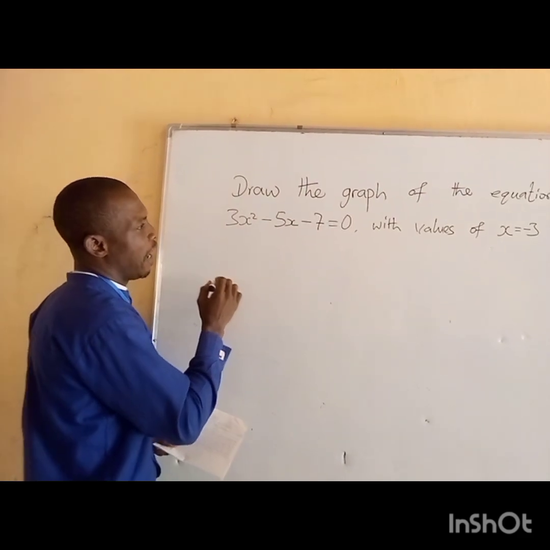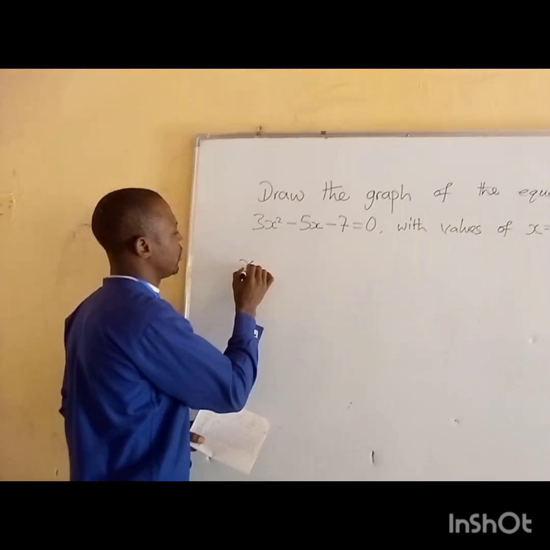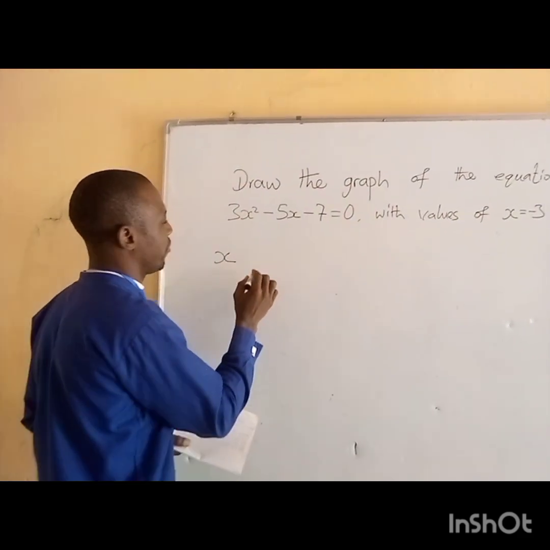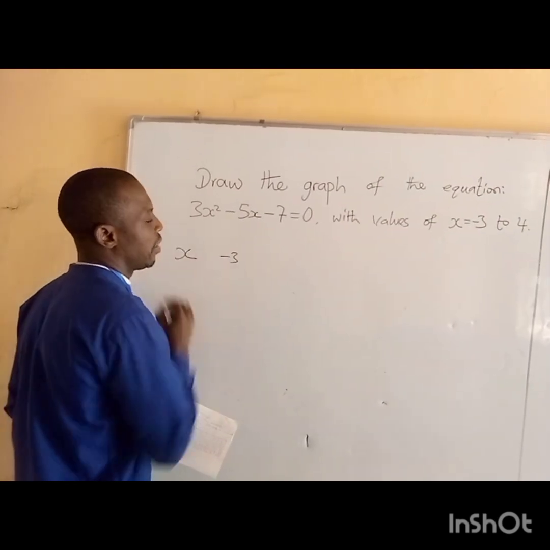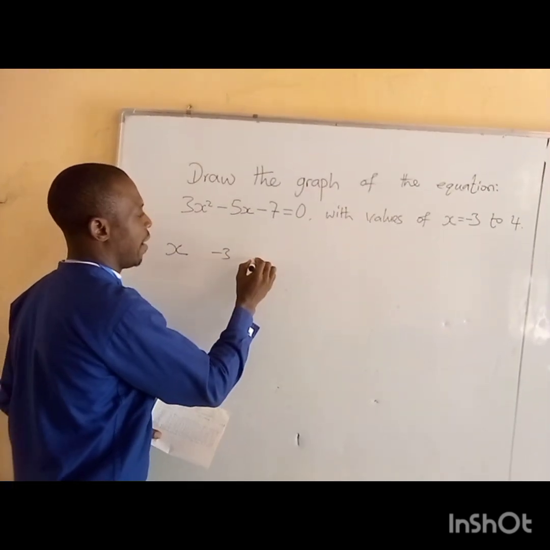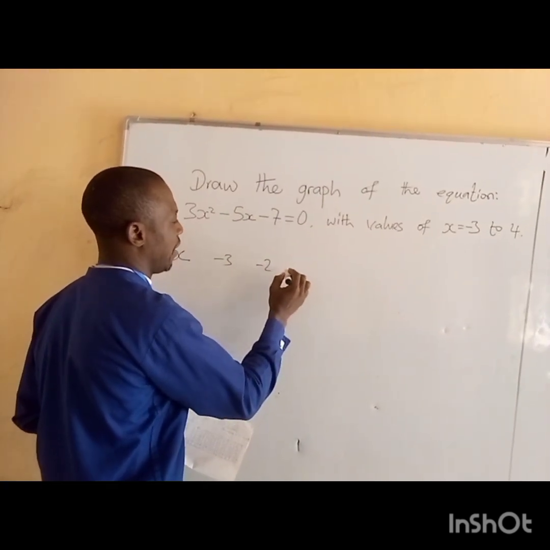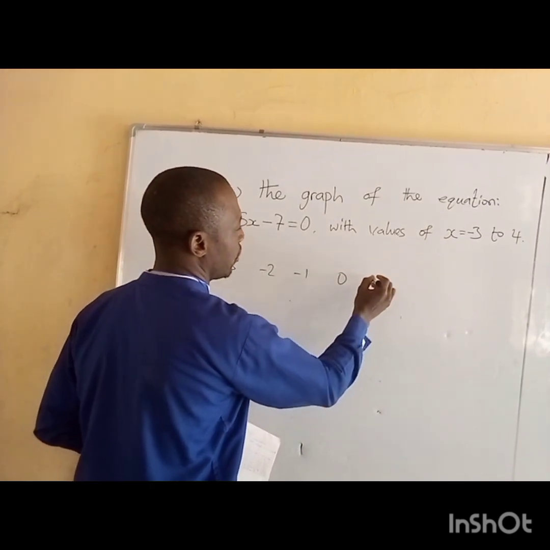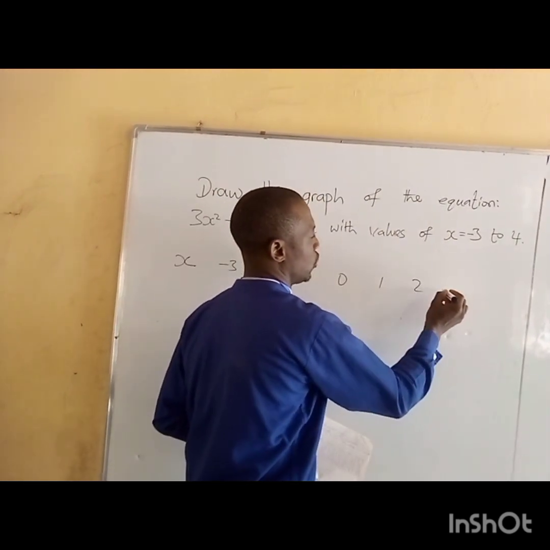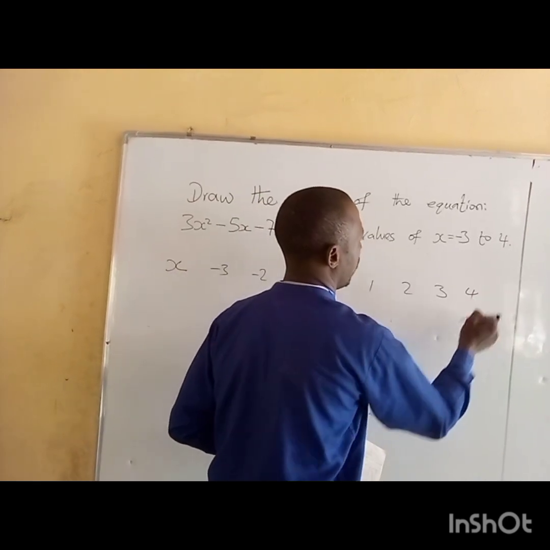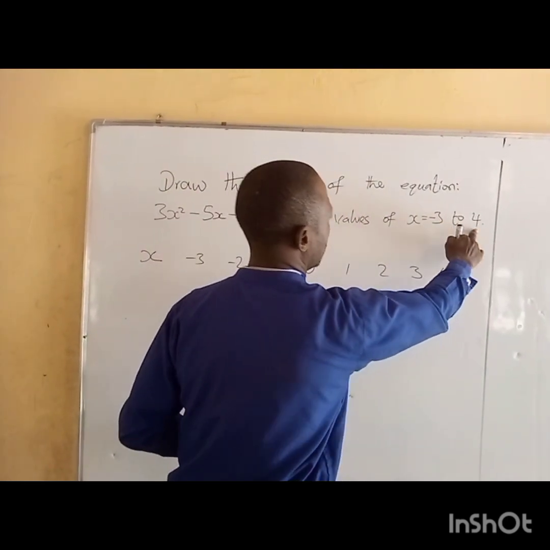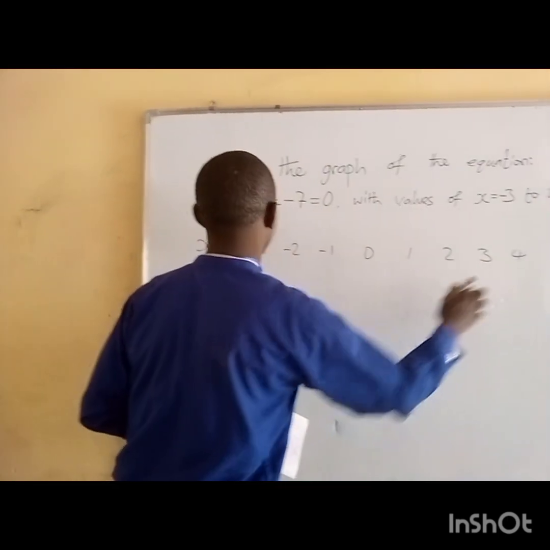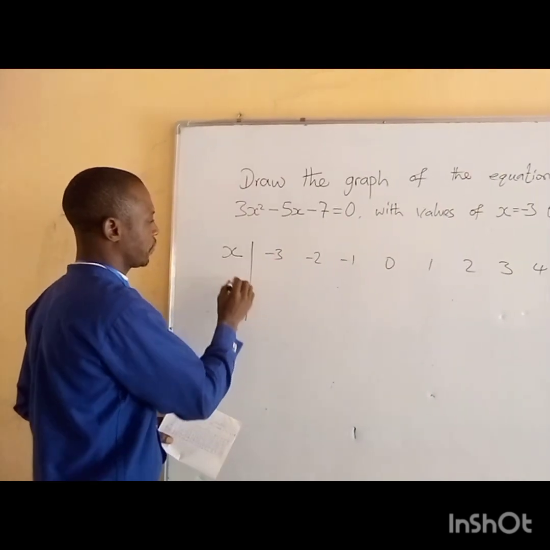And then we are given the values for x. The values of x range from -3. From -3, we have -2, -1, 0, 1, 2, 3, 4. That is from -3 to 4. So this is the range.